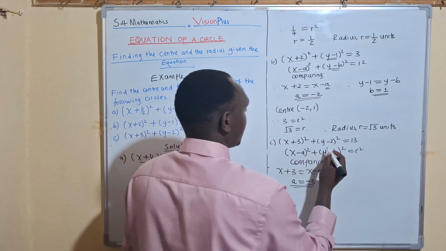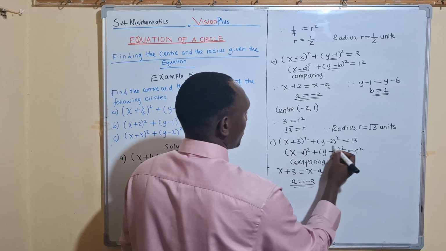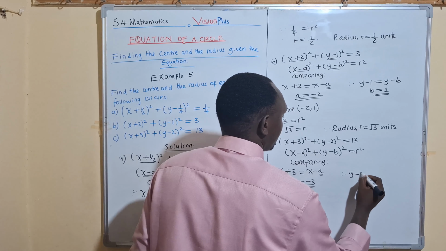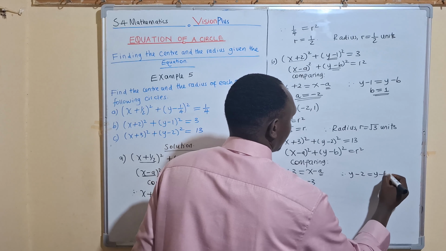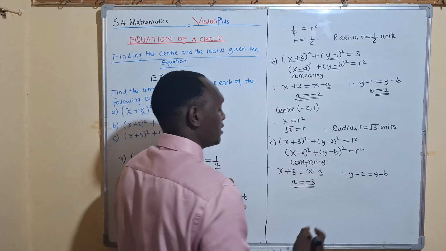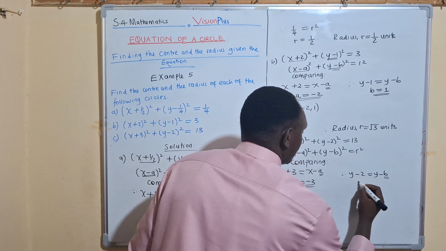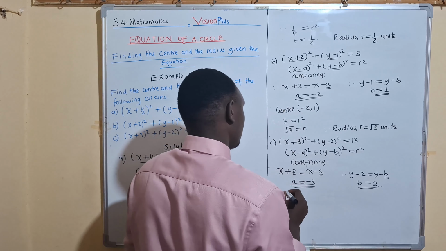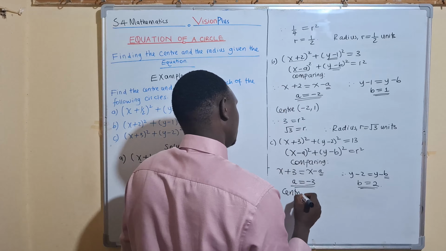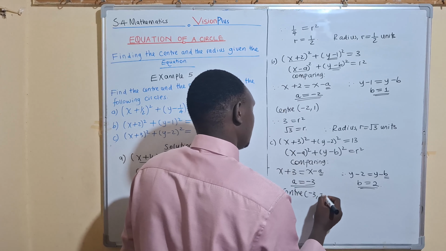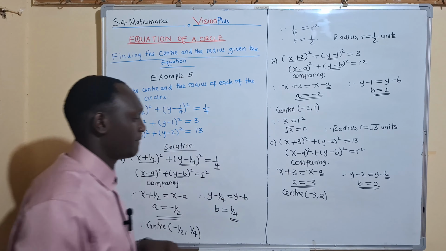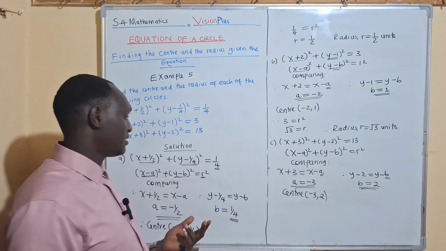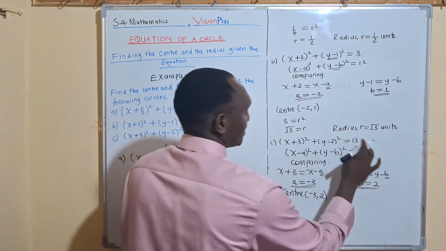And then you go on and find b by comparing y minus 2 to y minus b. So y minus 2 equals y minus b, and then you make b the subject of the formula. In this case, b becomes positive 2. So you say now the center is (−3, 2). Then you find the radius by comparing 13 to r squared.